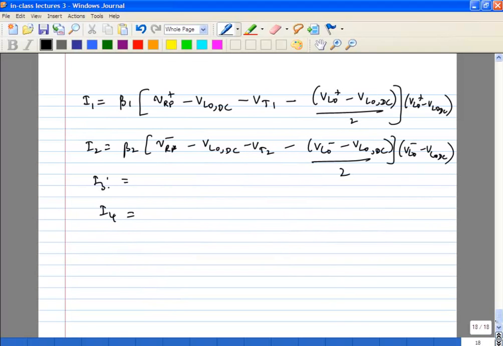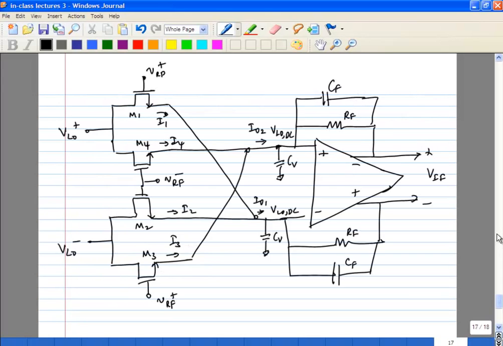And if you look at IO2 equals I3 plus I4, you'll have to set your DC point such that that happens. It should be very linear. So what will happen is the more you bias it in the linear region, the better your transfer characteristic will be, and it will matter for your IIP3.